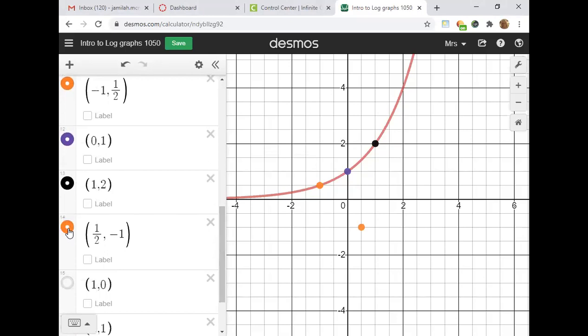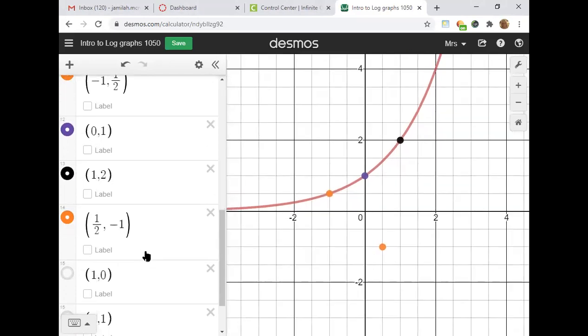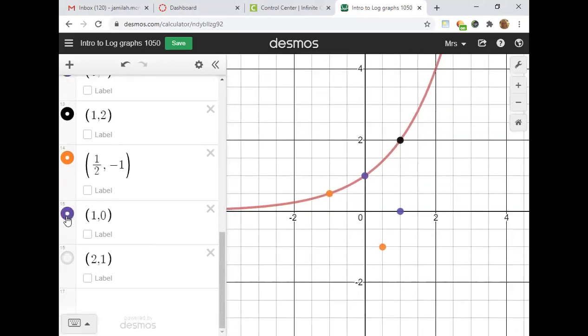Do you see my new orange point? I went from (-1, 1/2) to (1/2, -1), and then from (0, 1) to (1, 0), and then from (1, 2) to (2, 1).